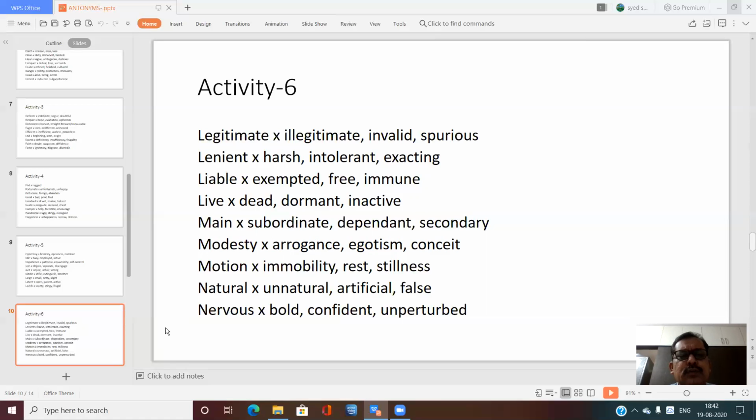Next, live. Opposite word: dead, dormant, inactive. The word dormant means lying idle or keeping oneself low.